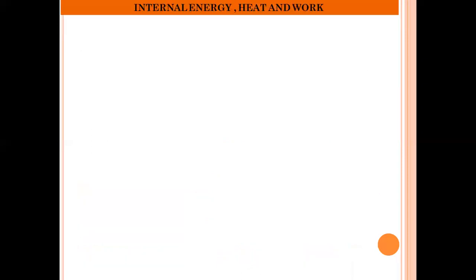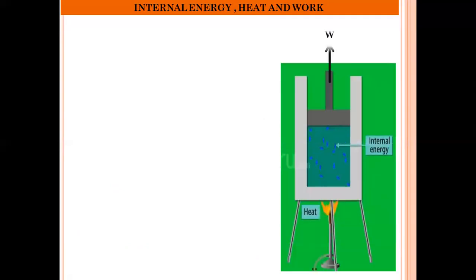So the next topic is the concept of internal energy, heat and work. Let us consider the piston and cylinder arrangement having the heat source at the bottom. When we supply heat to a gas enclosed within a cylinder behind the piston, as soon as the heat is supplied to this gas, the molecules of the gas will move with higher velocity.